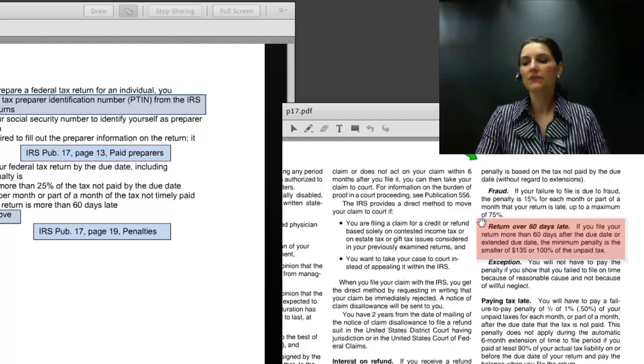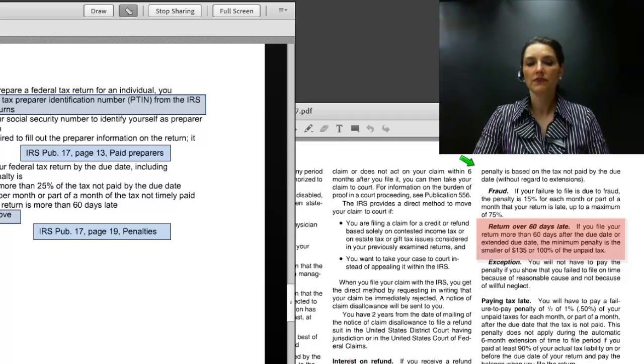And then if the tax return is more than 60 days late, if you file a return more than 60 days after the due date or extended due date, the minimum penalty is the smaller of $135 or 100% of the unpaid tax. So that may be more than or less than the amounts shown in the preceding two choices, 5% per month or part of a month that the tax is not paid, but generally not more than 25%.